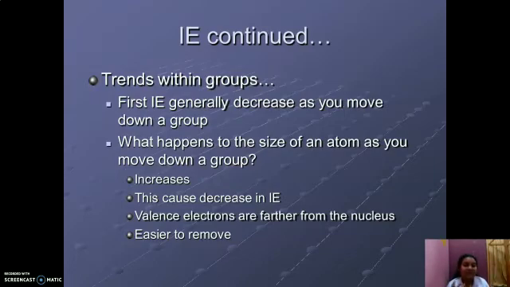The attraction of the nucleus on the valence electron is known as the effective nuclear charge. So the nuclear charge on the valence electron will decrease, and we can easily remove that electron.